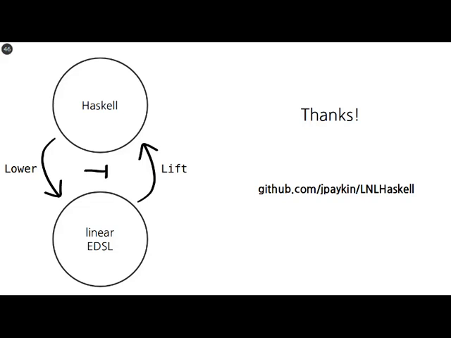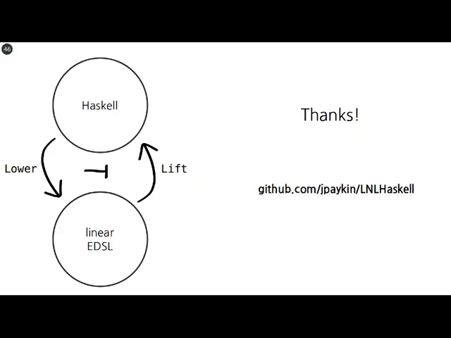Do you have a story for linear data? Like, can I have list of A along with list of A and make sure that that's a permutation? So you can certainly define a linear data type of lists. In order to use Haskell lists, I don't really have a story for that.